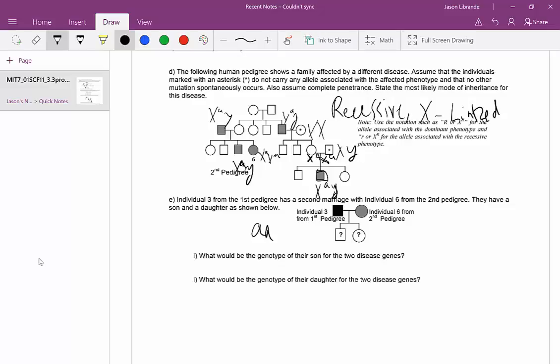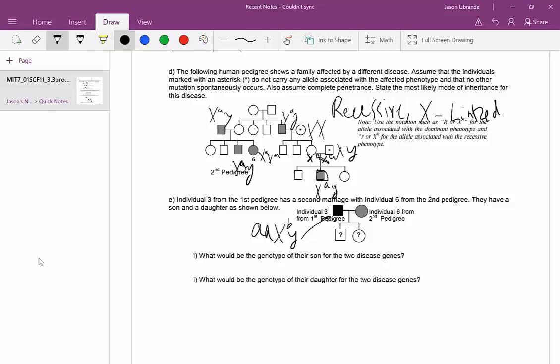So if that's the case, we know they're XB. Here we're going to switch from A to B just to make it clear. And they have Y. So they're affected by the black disease, but they're not affected by the gray disease. So that's the genotype of that parent right there.